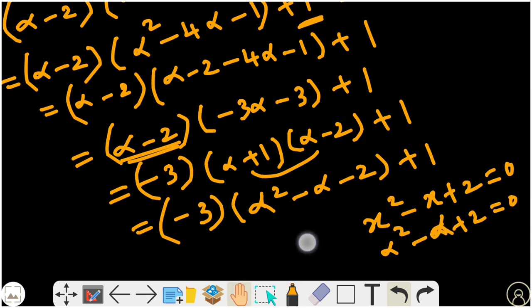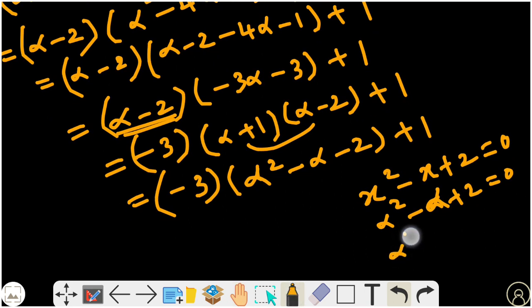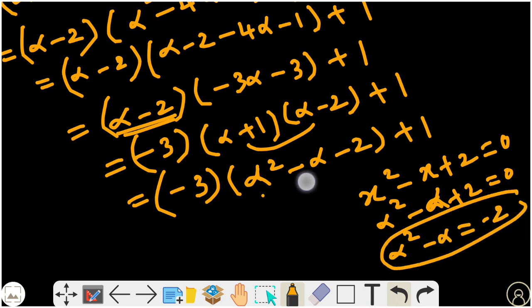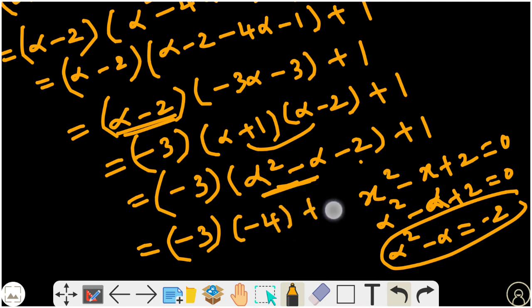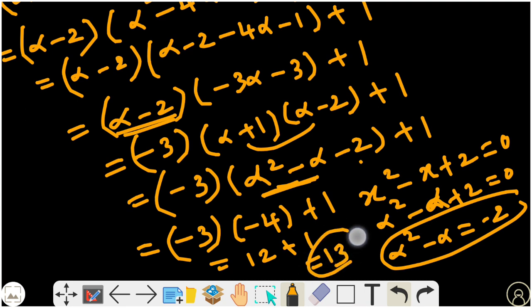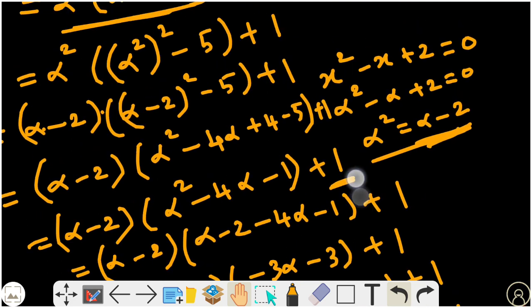So this time we want alpha square minus alpha equal to minus 2, because I have that term alpha square minus alpha, so minus 3 times this is minus 2, now minus 4 plus 1, so minus 3 minus 4 is 12, plus 1, 13. So 13 is the final answer.